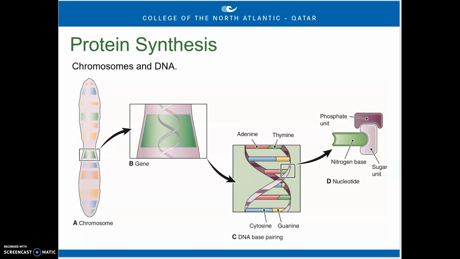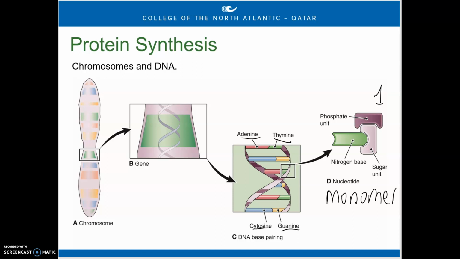All right, first let's have a look at DNA. So let's start over here on the right hand side first. So this is one single nucleotide. And for DNA, the nucleotides are going to be the monomer. So each monomer, each nucleotide, is going to be made up of a nitrogen base, and that's going to be either adenine, thymine, cytosine, or guanine.